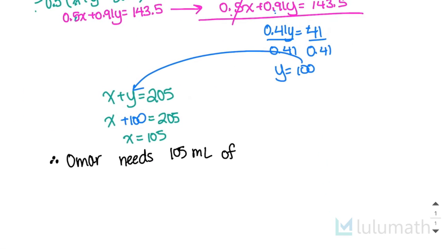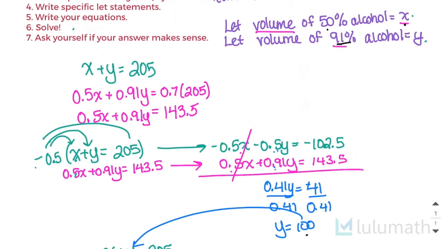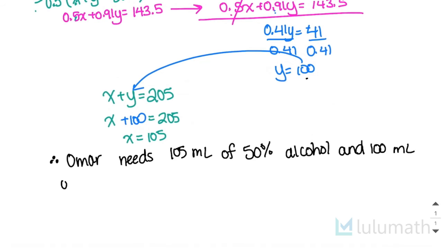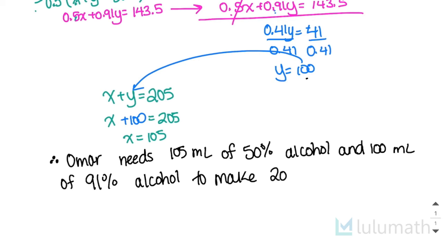So he needs 105 milliliters of 50% alcohol, and y is 100 milliliters, and the y represents the 91% alcohol, to make 205 milliliters of 70% alcohol. And we're all set with this question.